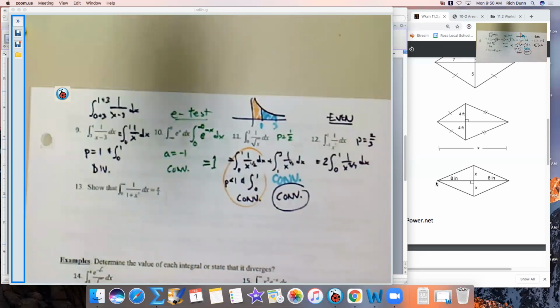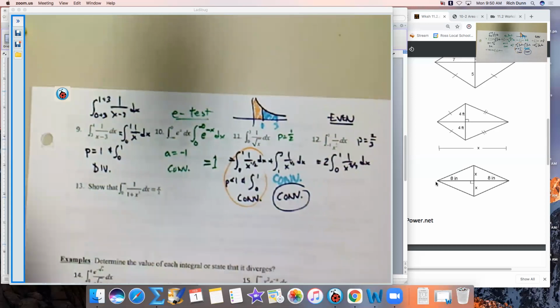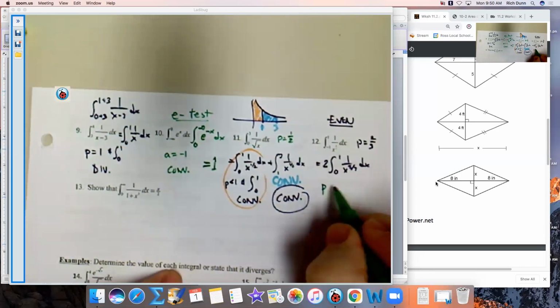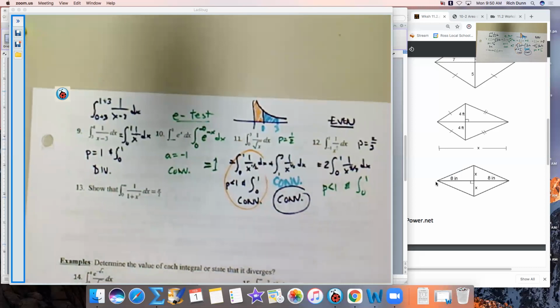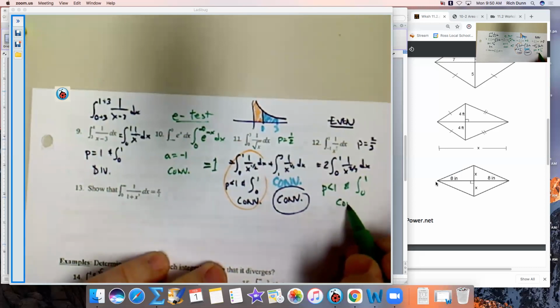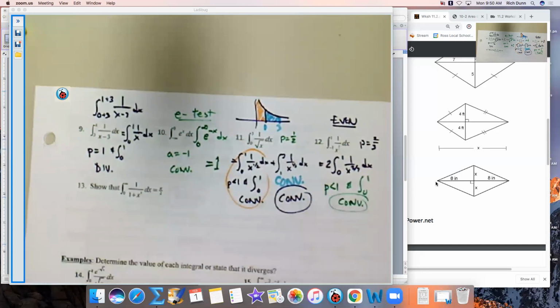That means our p-value being less than 1, and integrating from 0 to 1, gives us the right combination that this will converge. Again, in all these examples, we weren't doing a full analysis. We were just determining: will this converge, or will it not converge?